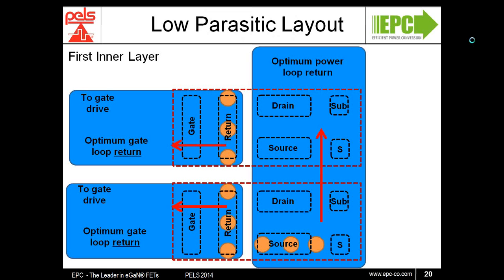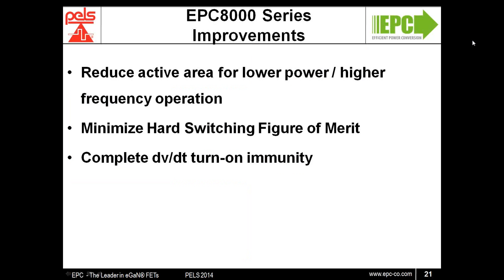So to recap, the improvements that were made to the 8000 series device to work especially well with high-frequency applications are: reduce the active area to improve switching, minimize the hard switching figure of merit to further reduce the switching time, and achieve complete dV/dt immunity, as it would not be practical to have a gate drive close enough or with low enough impedance to hold the gate down.